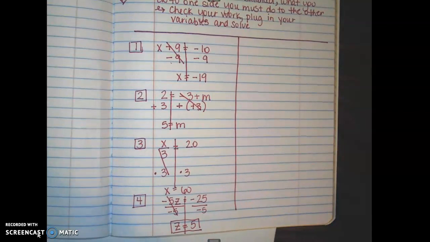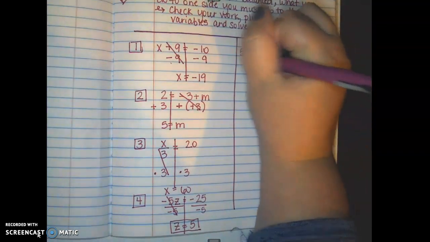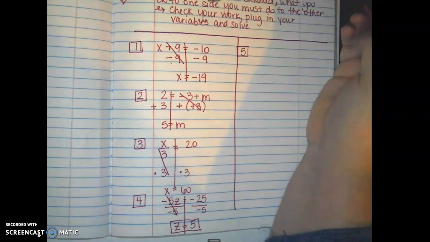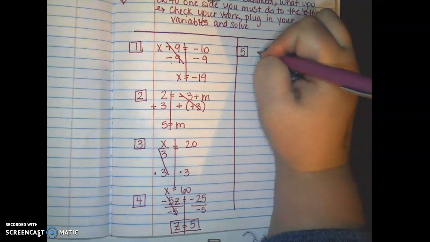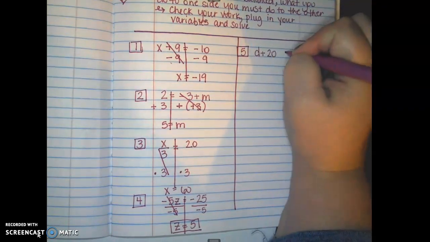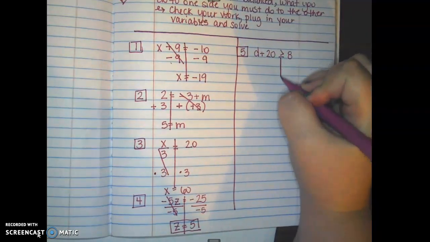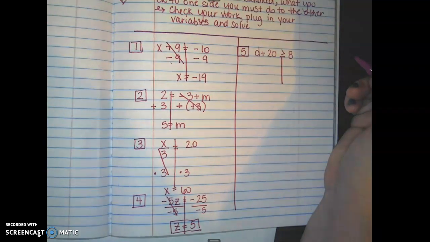All right, let's go to the other side. And we're going to look at some inequalities. So d plus 20 is greater than or equal to 8. So we're going to draw a line. Okay.